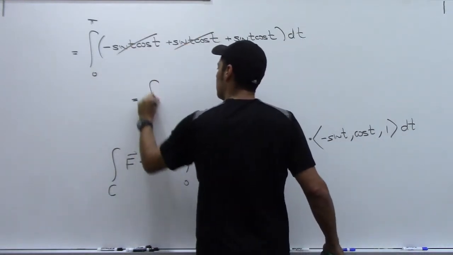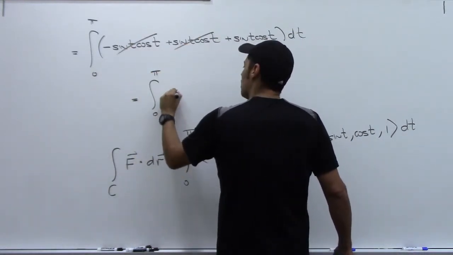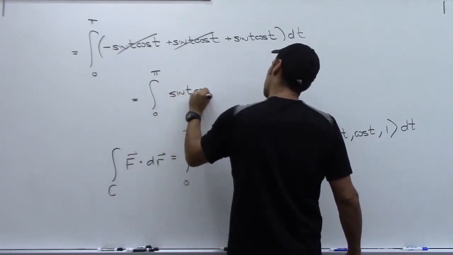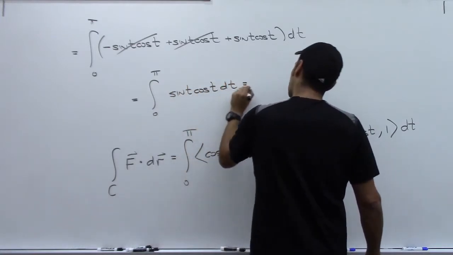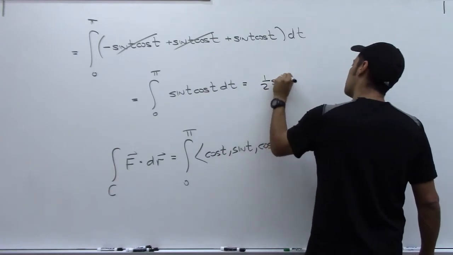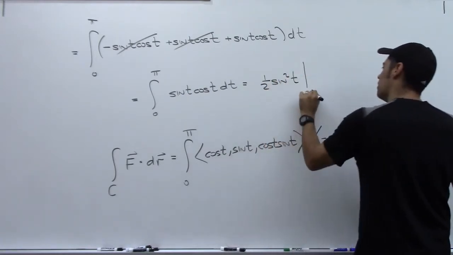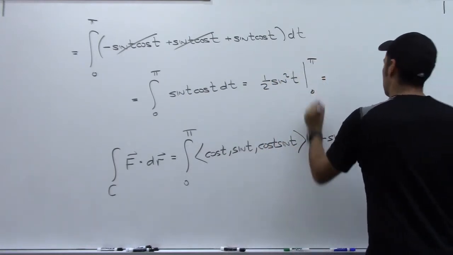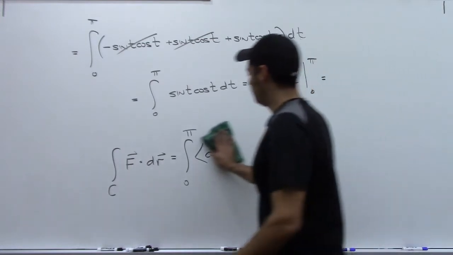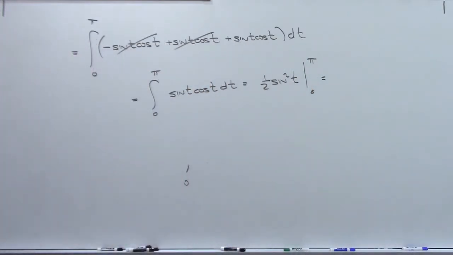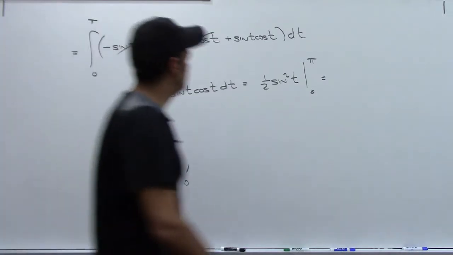You're integrating sine t cosine t dt, which is 1/2 sine squared t, evaluated from 0 to pi. And if you do that evaluation, what number was this, 22? You should get 0.